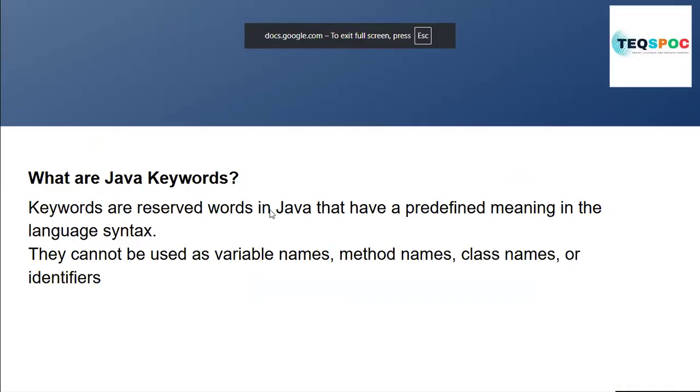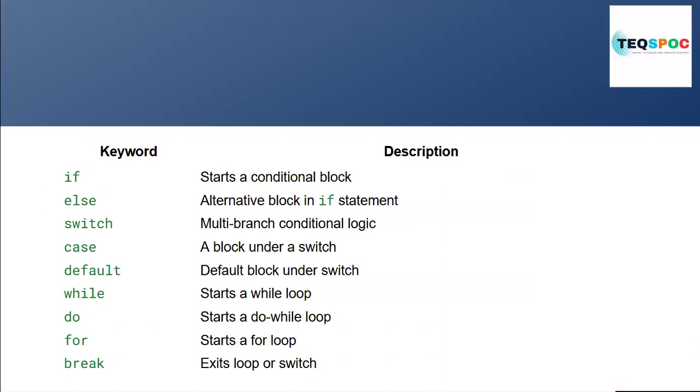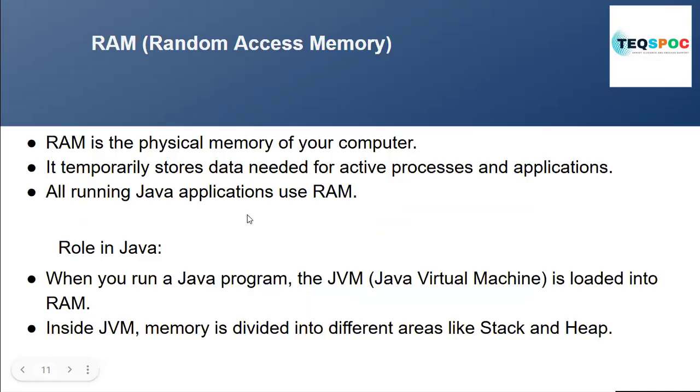If you use them, the backend program basically gets confused, and that's why it will give you errors. Like the if statement is used for conditions, if else is used for conditional statements, switch statement, case, default, while, do, for, break, new. Any types of keyword you cannot use.